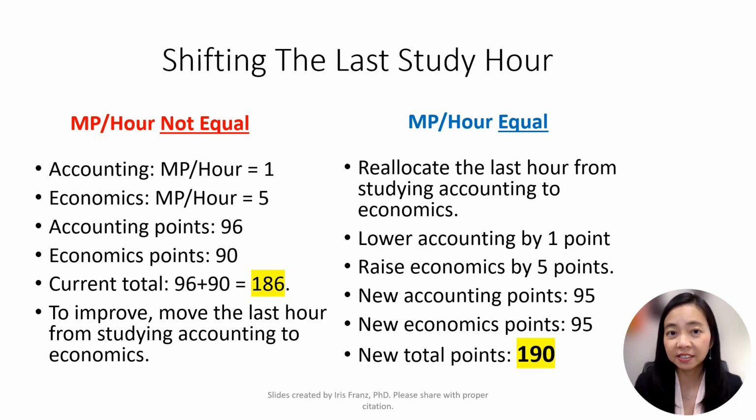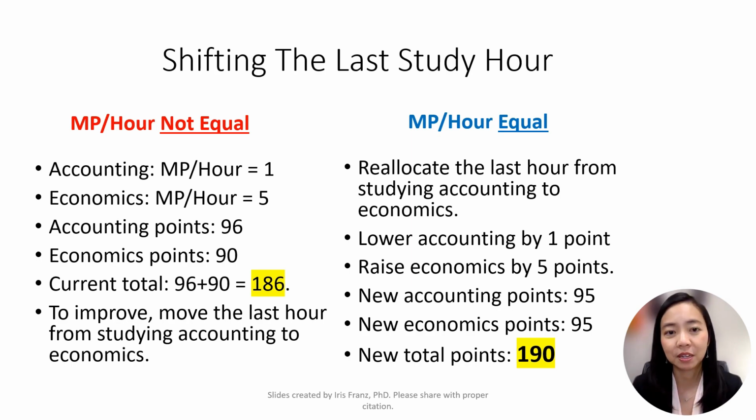Suppose you shift your last studying hour from accounting to economics. After the shift, you study accounting for 1 hour less and economics for 1 hour more. That shift will bring down your accounting grade by 1 point, because marginal point per studying hour for accounting is 1 point. Your new accounting grade will be 96 minus 1, which is 95 points.